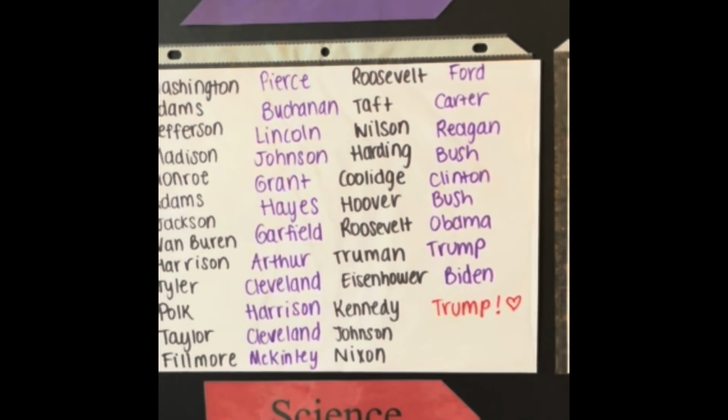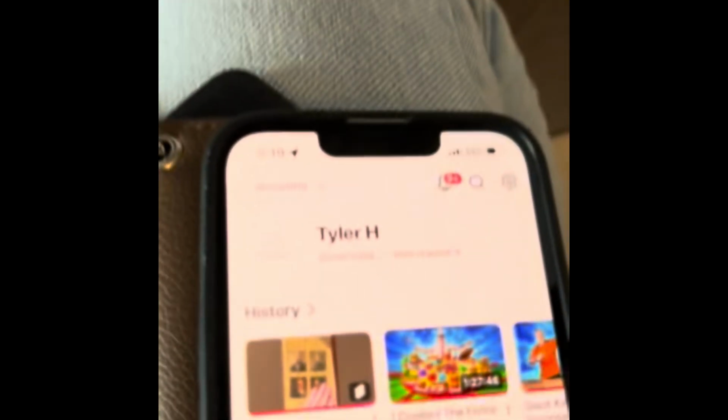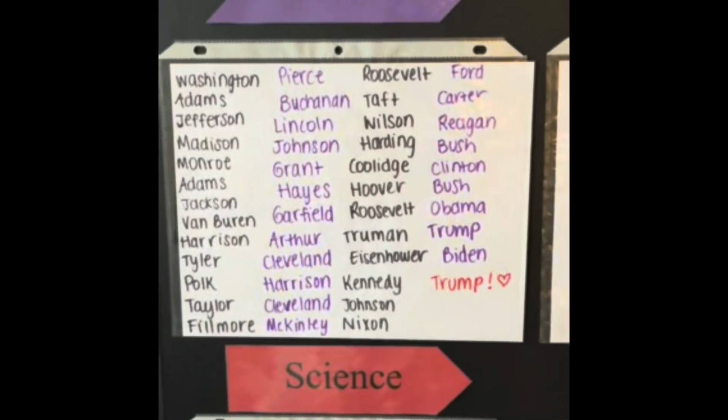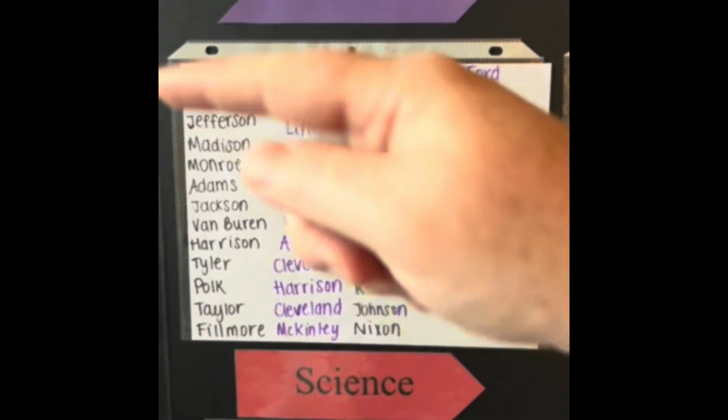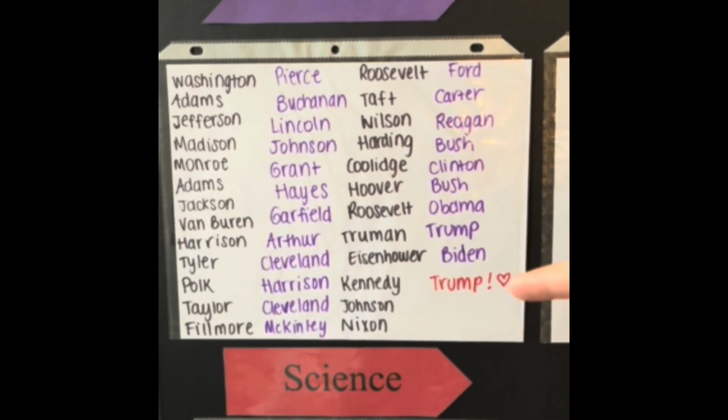So it is Miss Steph CC on YouTube, which I'll show you right here. Miss Steph. Okay, so she's gonna walk through all the presidents, and these are all their names, all the way to our president right now, Trump.